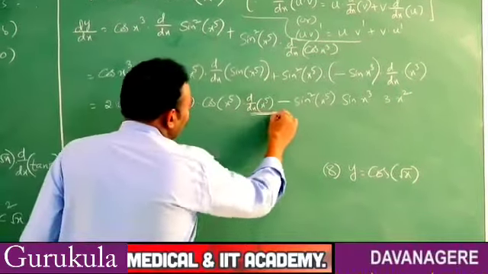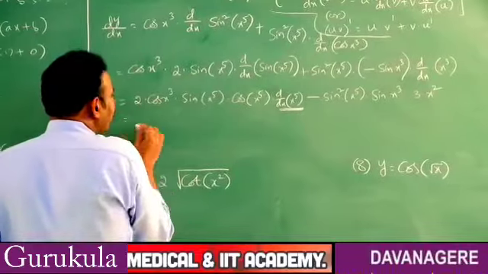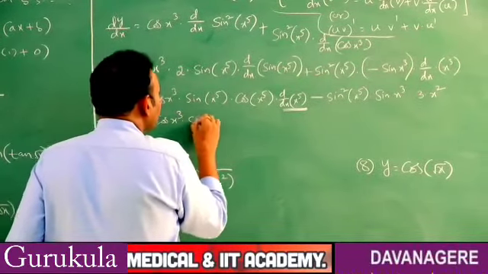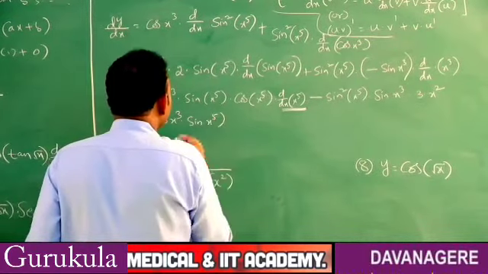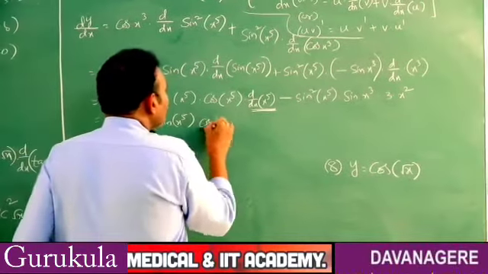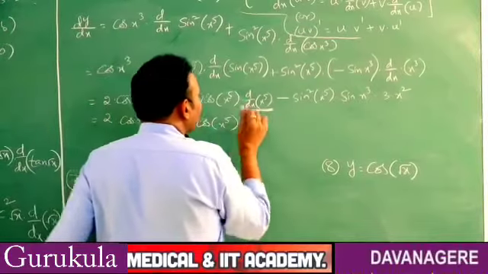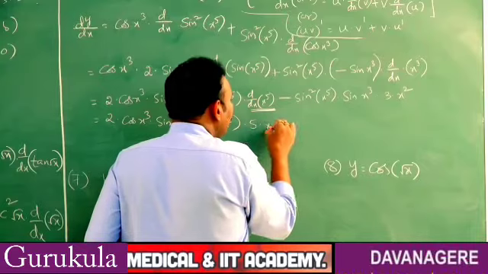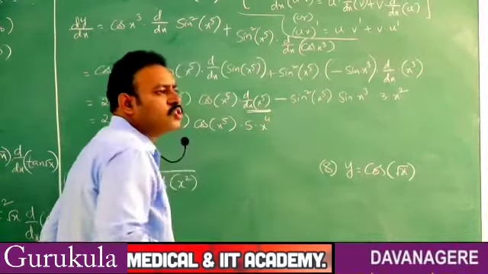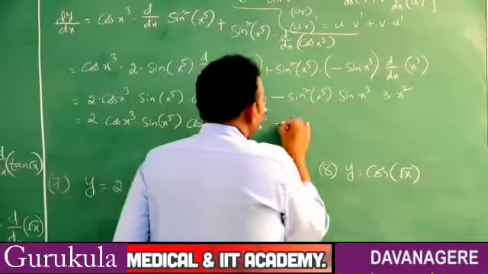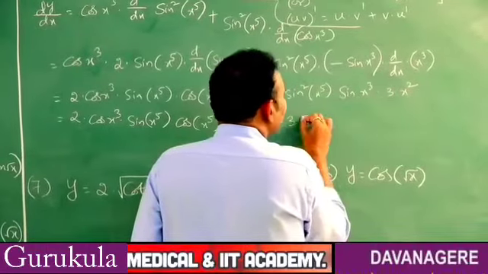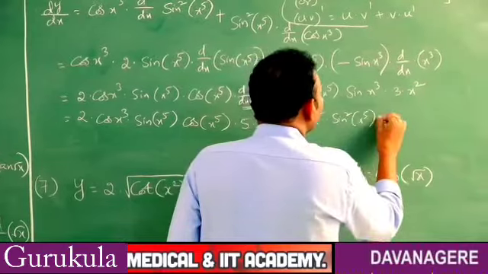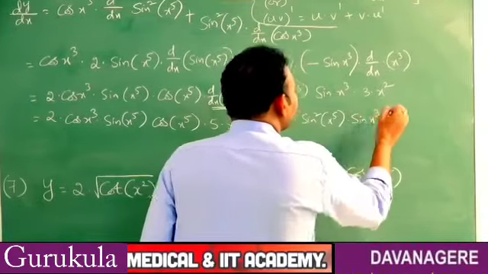Here x power 5 derivative, you can write 2 into cos x cube sine to the power of x power 5 cos to the power of x to the power 5, derivative of x power 5, n into x to the power of n minus 1, students, minus here 3x square into sine square x power 5 sine x cube.